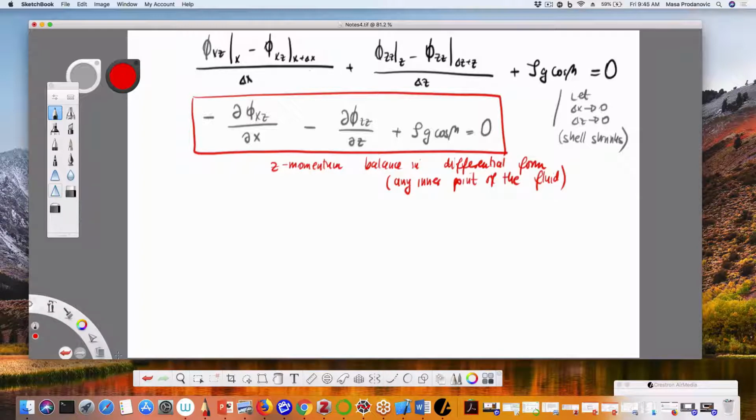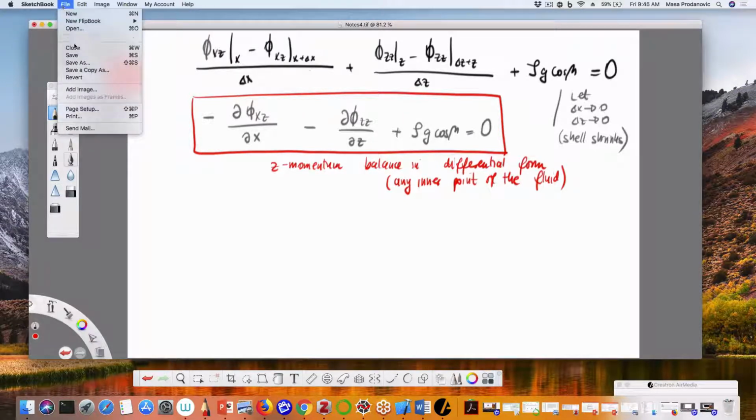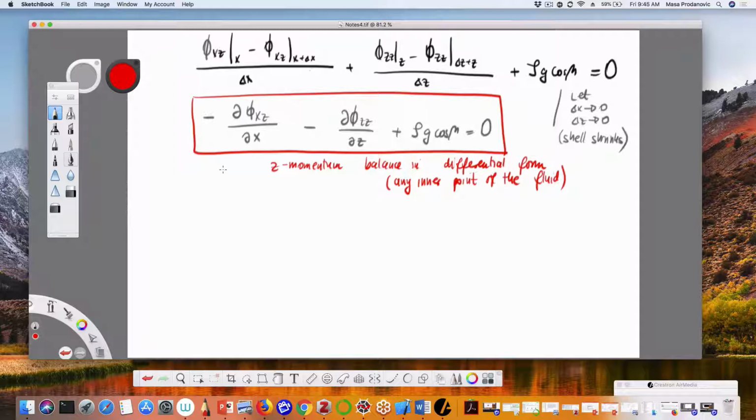Do I have a formulation for phi? So this is general for any fluid.